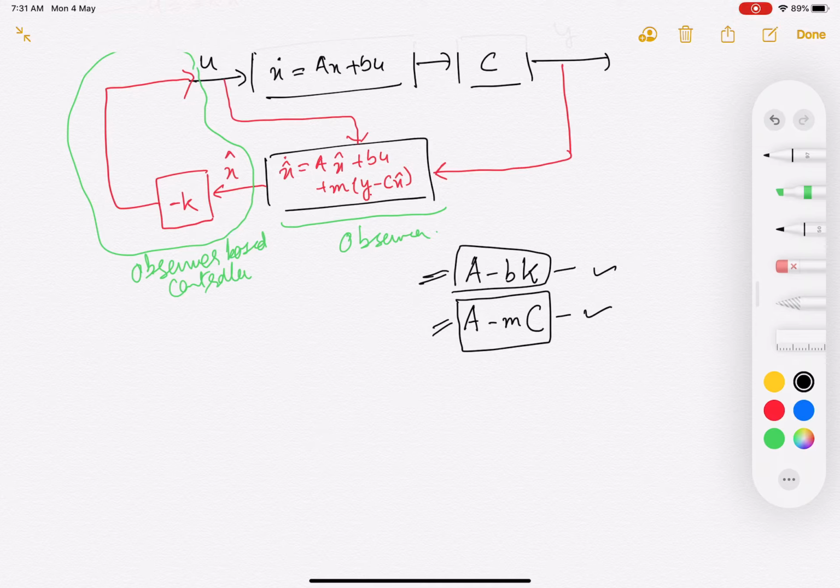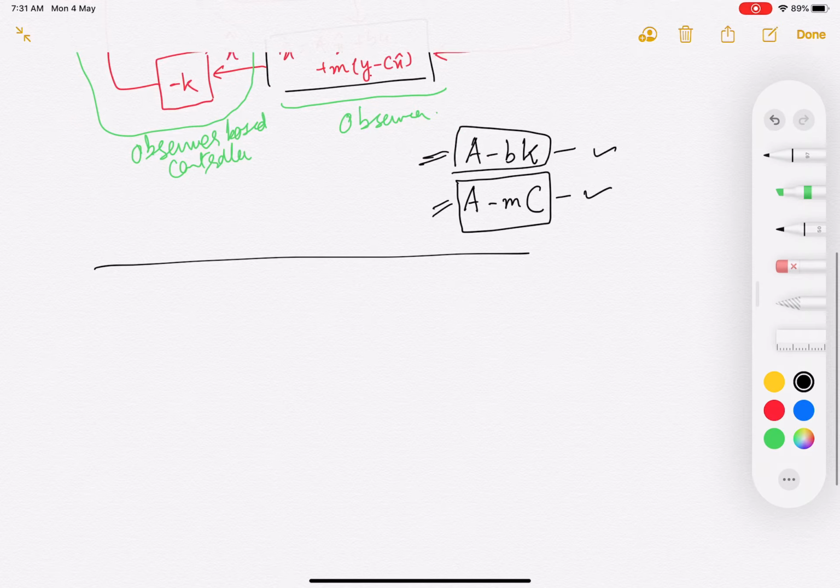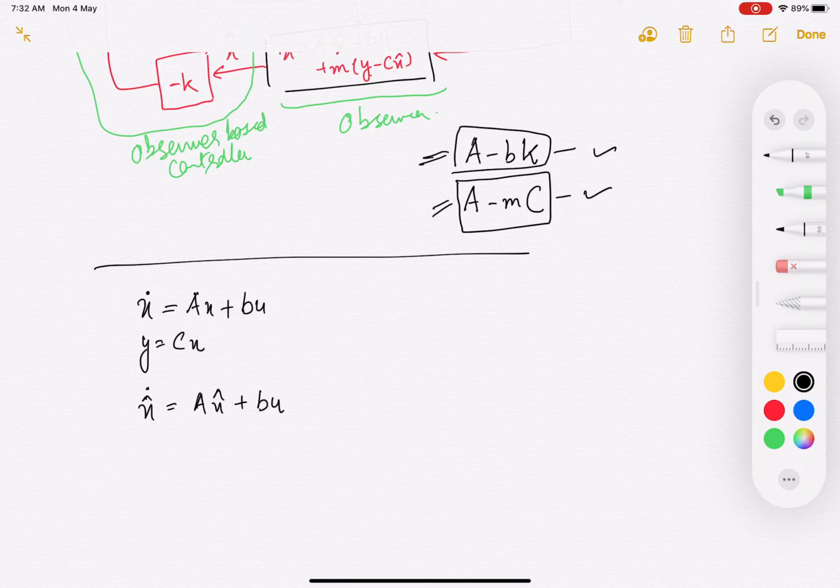So now let us look at the equations. We said that the plant was x dot is equal to Ax plus Bu, y is equal to Cx, and the observer is x hat dot is equal to A x hat plus Bu plus M (y minus C x hat), and based on this observer you're applying the control law u is equal to minus K x hat.